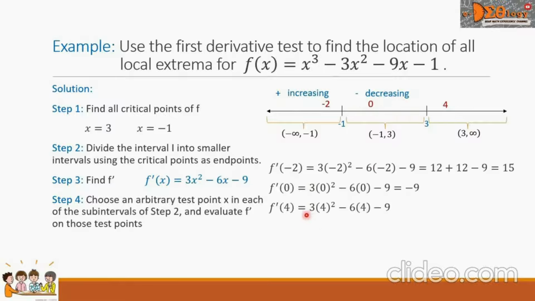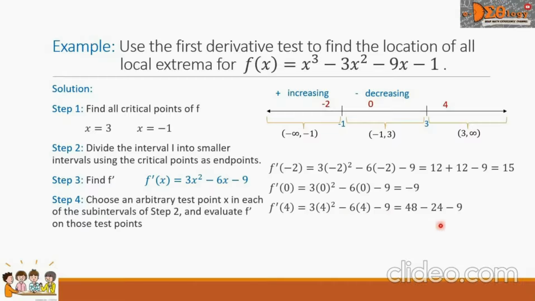This is equal to 3 times 4 squared minus 6 times 4 minus 9. The square of 4 is 16. 16 times 3 is 48. -6 times 4 is -24, then minus 9.